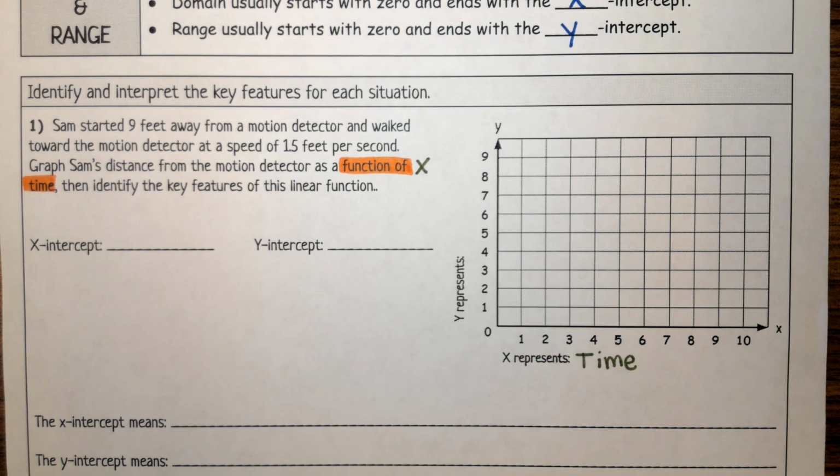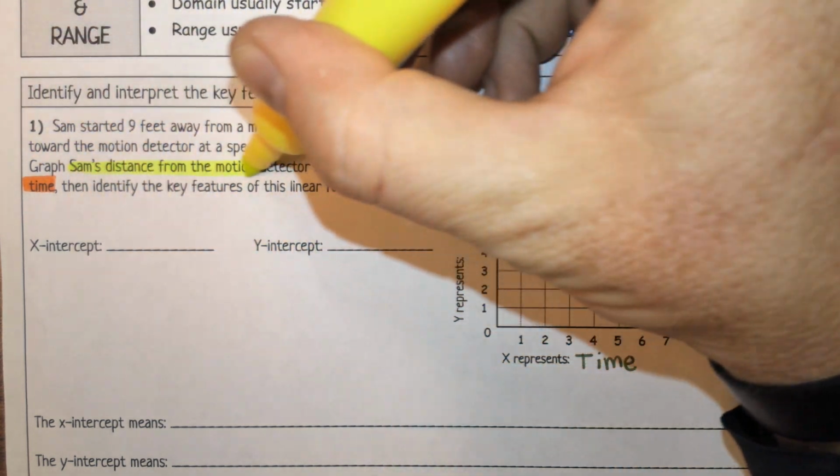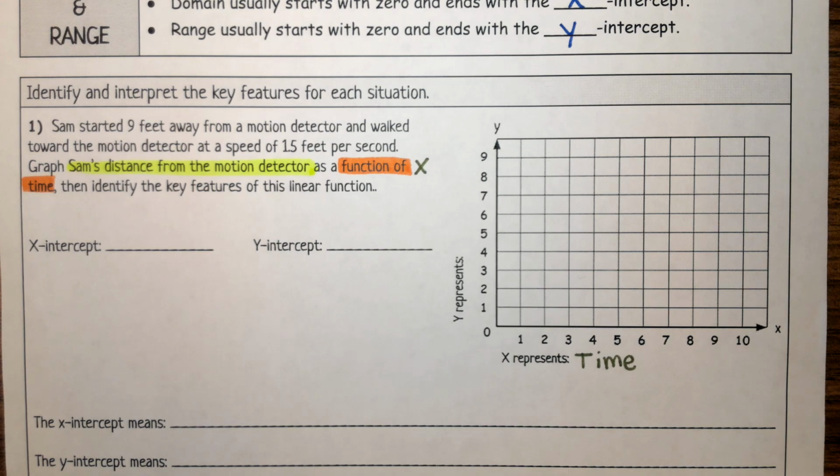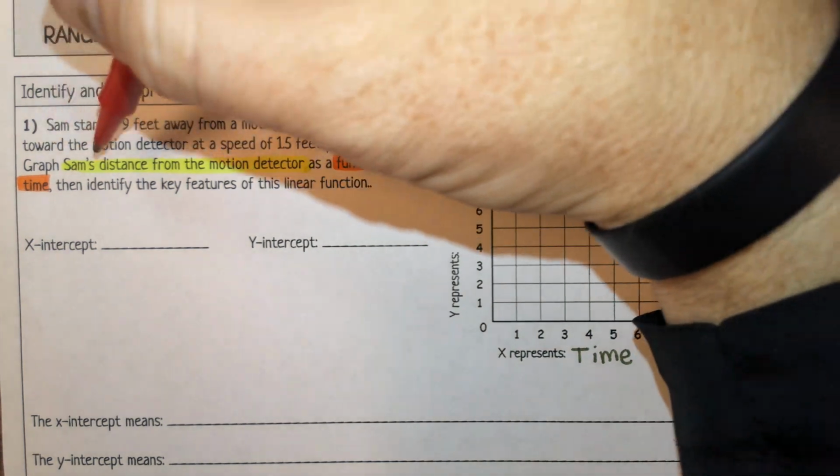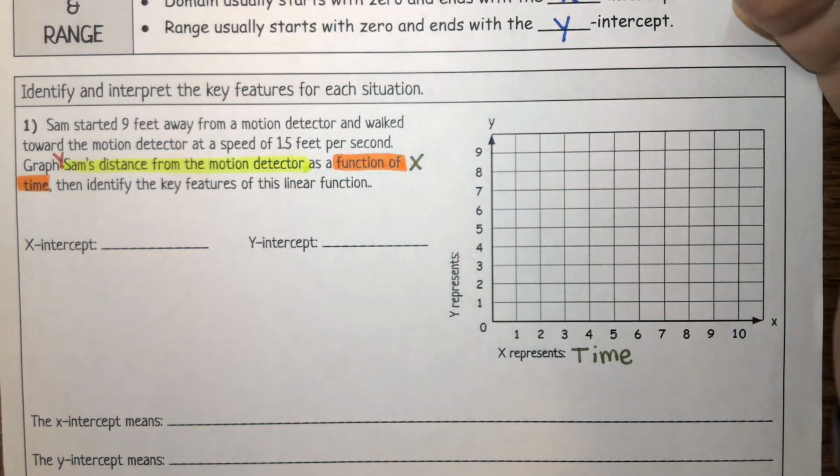Okay, now what comes right before function is y. So Sam's distance from the motion detector, it would be y. Okay, so this is y right here.